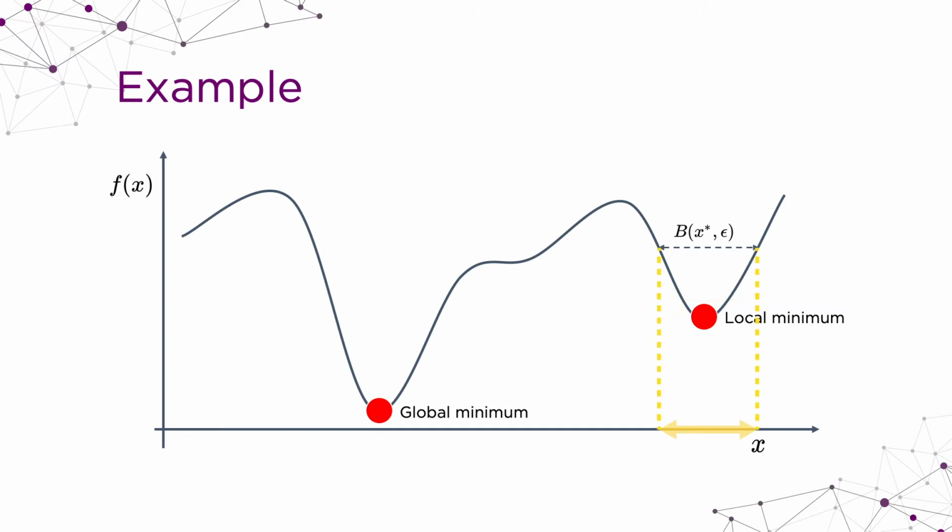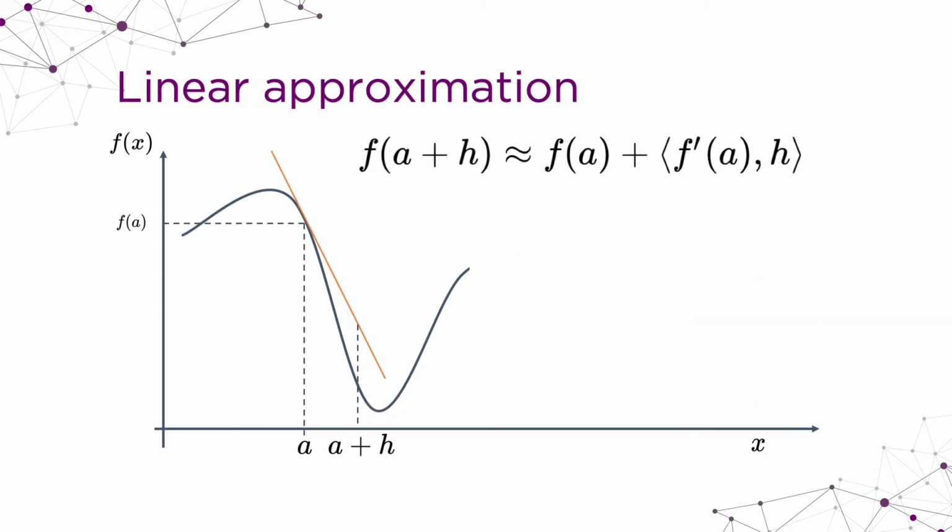I can restrict this to this range. And you can see that in this range, this point is the minimum. But it's not the global minimum. It's only in this neighborhood that it's the minimum. So we'll go back to our concept of linear approximation. You see that a linear approximation for a function is this line over here.